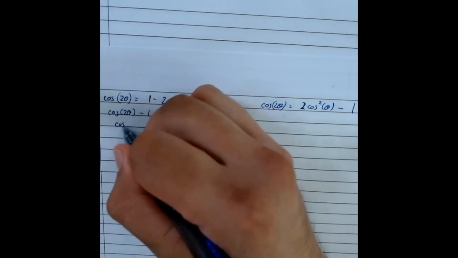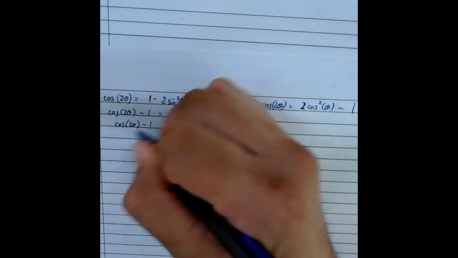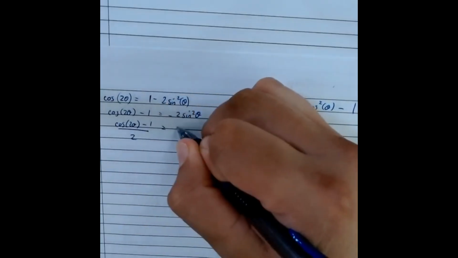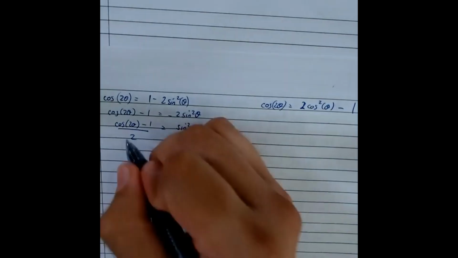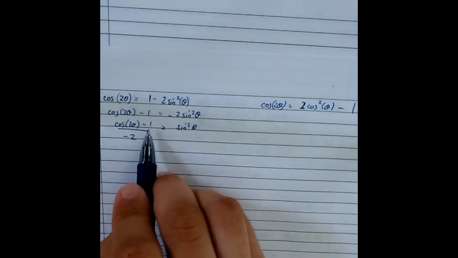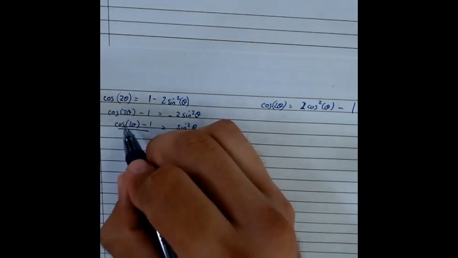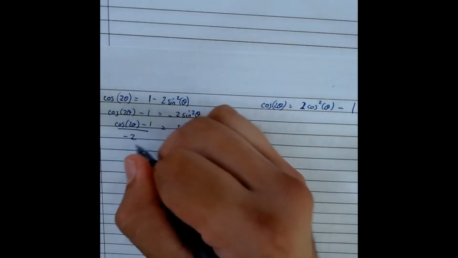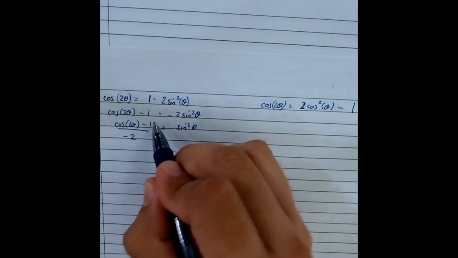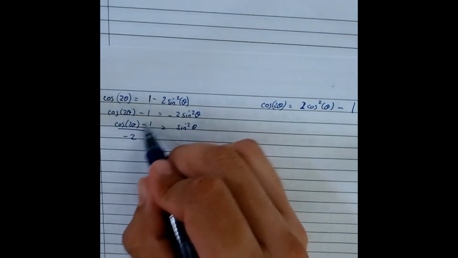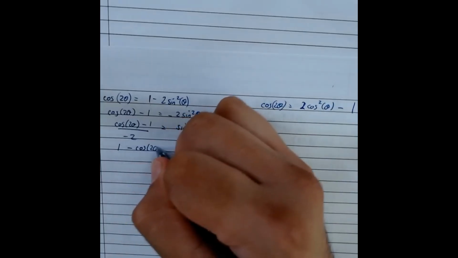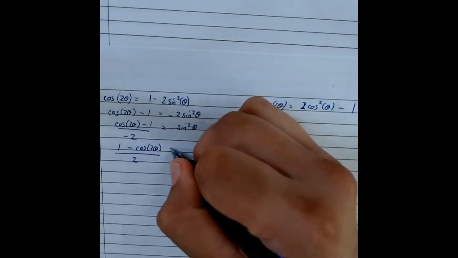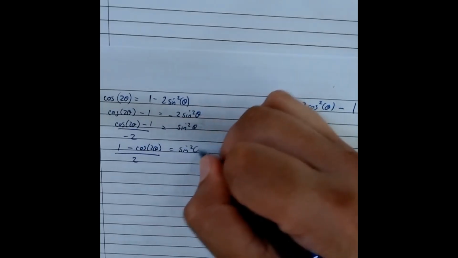Oh, sorry, I'm dividing by a negative 2, and since I'm dividing by a negative, it'll switch my signs around. So this positive will now be a negative, and this negative will be a positive. Right? Negative over negative is a positive. So I'm going to write this as 1 minus cosine of 2 theta over 2. That's equal to sine squared of theta.